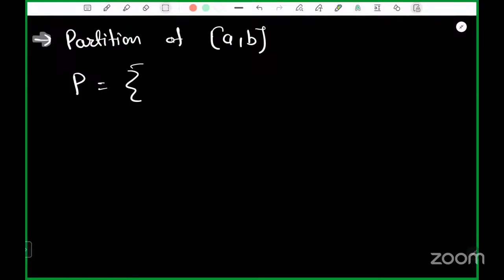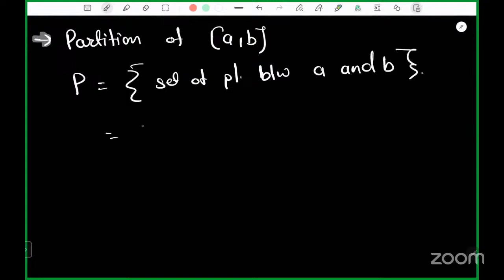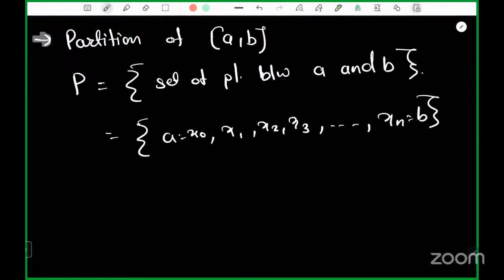So ultimately, a partition is nothing but a set of points between a and b. You can take a equals x0, x1, x2, x3, up to some n number of points equals b. This set is known as a partition of the closed interval a comma b.